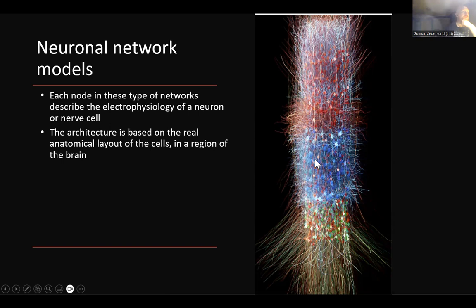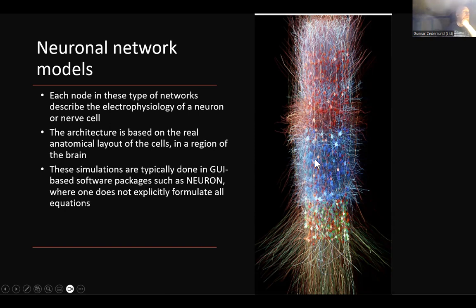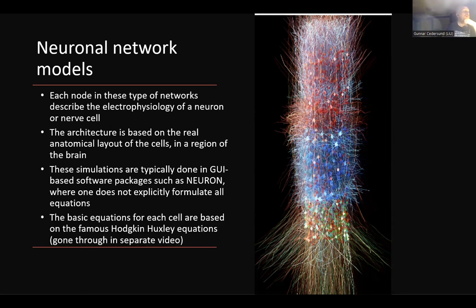So they sort of represent that. And these type of models are typically not formulated by hand because the models are very, very big, tens of thousands or hundreds of thousands of equations easily. But the basic equation for each cell here are similar to the ones that you have seen in the Hodgkin and Huxley video.